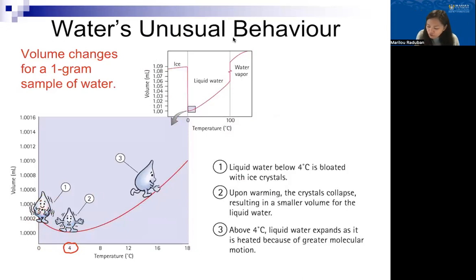You can see here that the ice crystals are bloated, so they have a bigger volume. Bigger volume for the ice crystals means that overall the water will expand. The water will expand as it approaches its freezing point, 0 degrees Celsius.